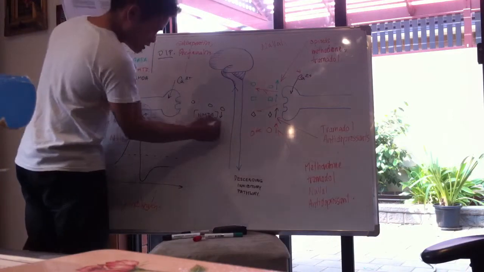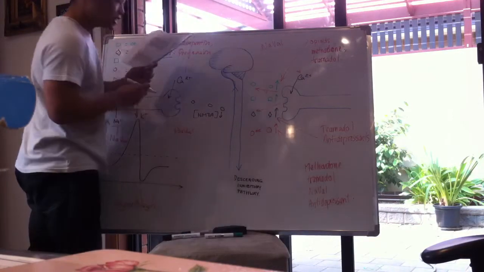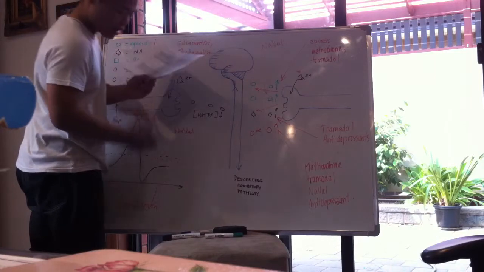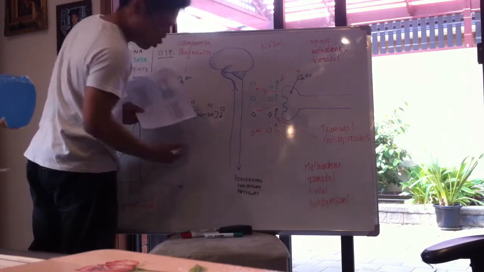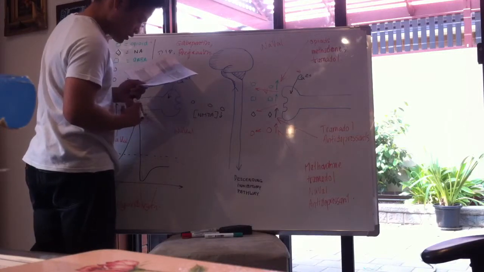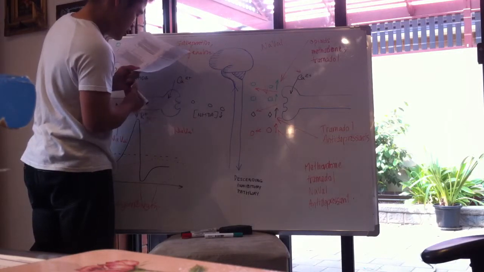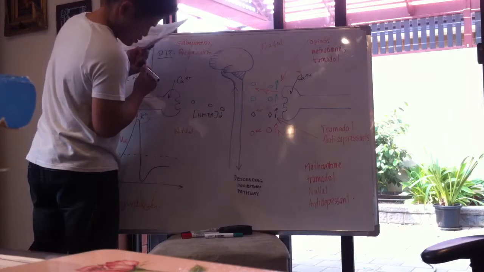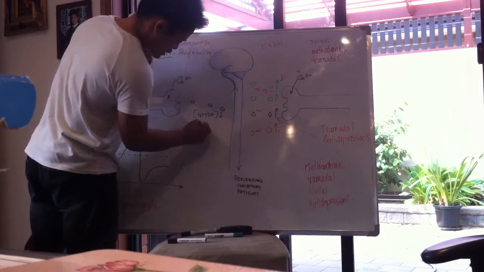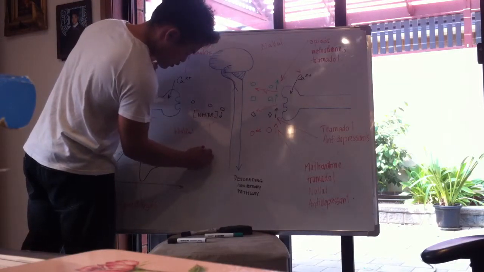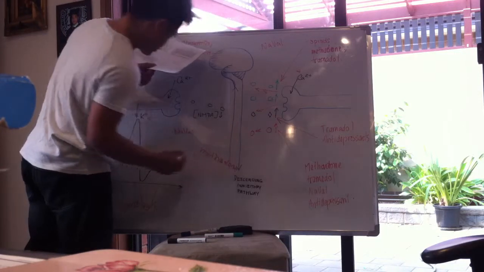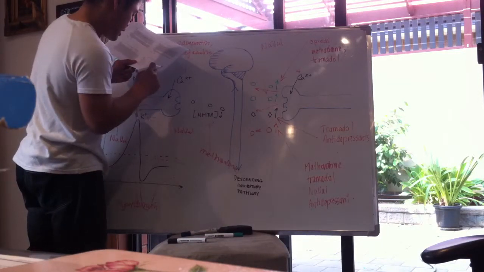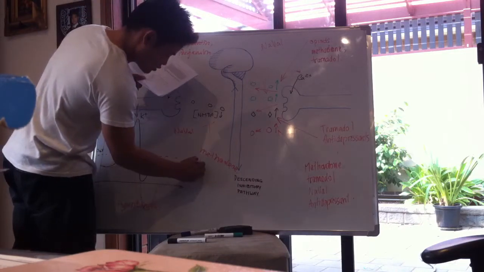NMDA is associated with sensitization, so innocuous signals become more painful. Methadone decreases this. So methadone decreases NMDA level. And what's the other one? Ketamine.